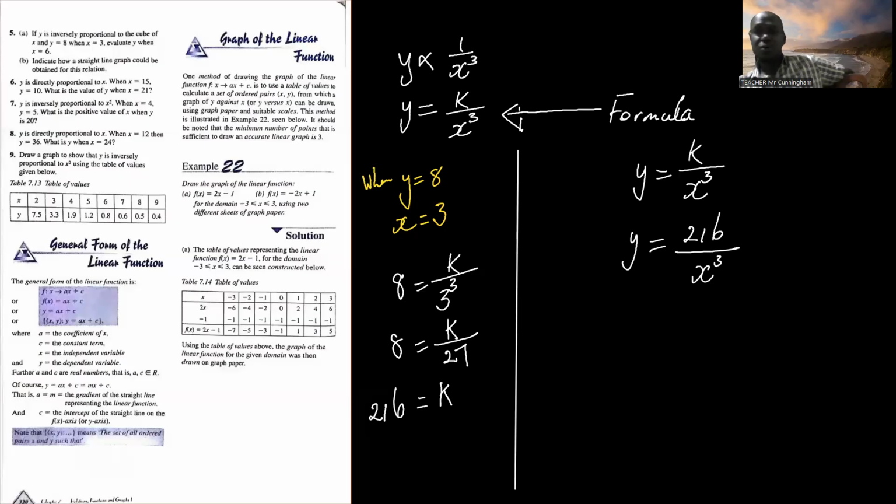Now they ask us to find the value of Y when X is equal to 6, look at number 5. So Y cannot be 6 as well. You have to substitute your value of X into the formula.